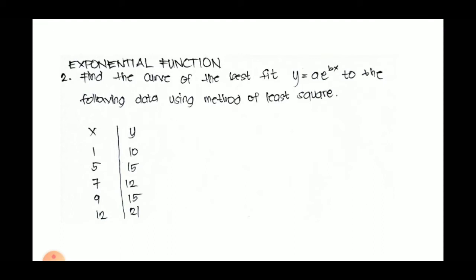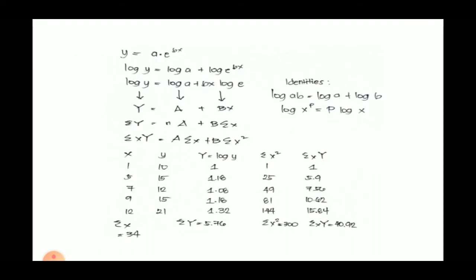That's why you cannot use the straight line. So the best equation that you can use is the exponential function. This is the process, or the steps, in solving the exponential functions.